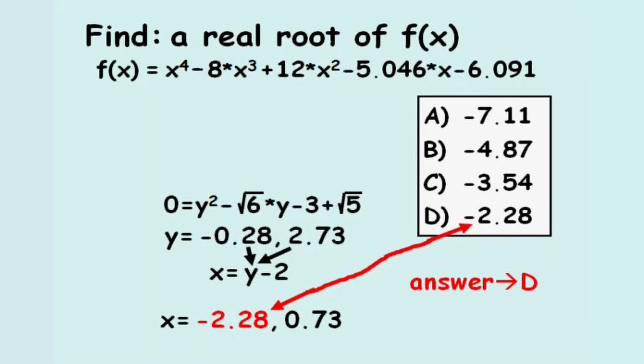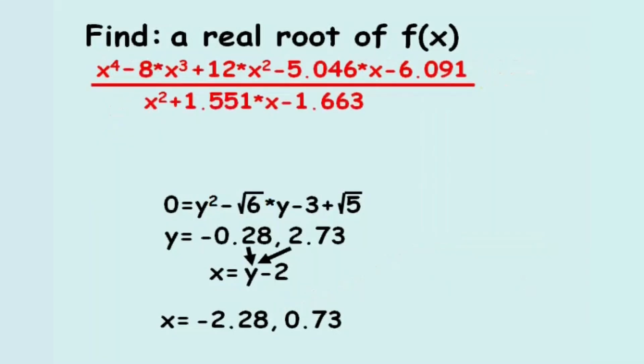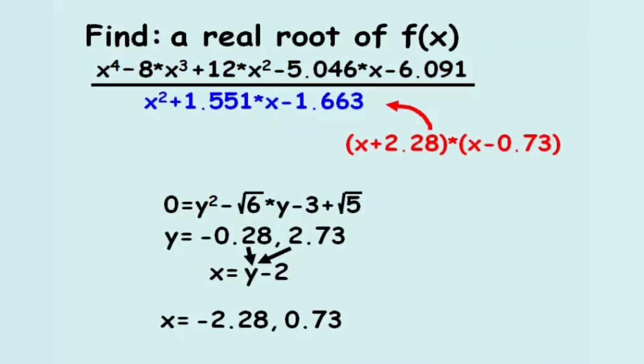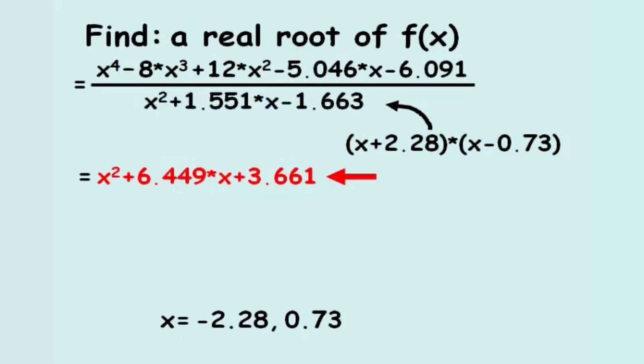If we decided to also solve for the remaining two roots of the quartic equation f of x, we would divide f of x by the quotient of the two roots we just found, which are negative 2.28 and positive 0.73. The resulting quotient is a quadratic equation, x squared plus 6.449x plus 3.661.